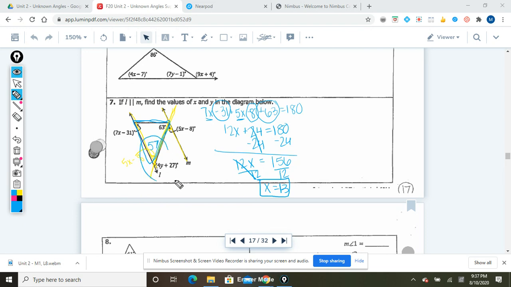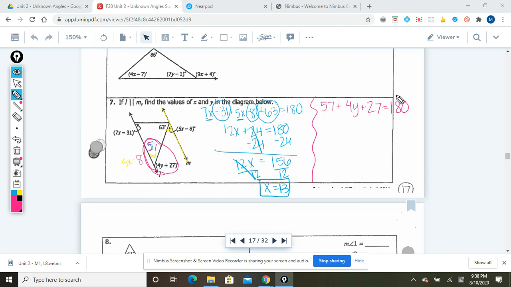Okay, well now, oops. Sorry, my pen went psycho. Now I'm in erasing mode instead of writing mode. Oops. 57. This is 57 because I plugged it into 5x minus 8. Okay. These two angles that I can finally circle are going to add up to 180. So 57 plus 4y plus 27 should equal 180.